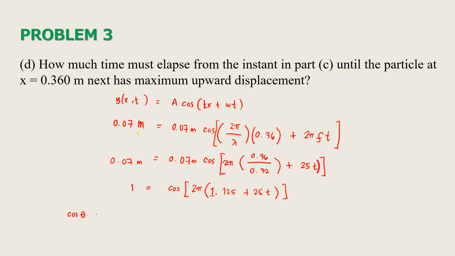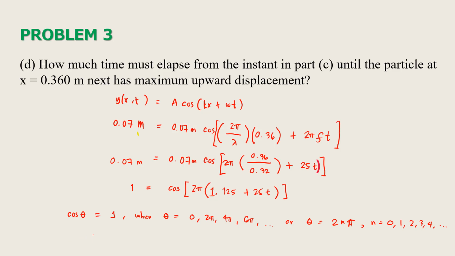Okay, so now cosine theta, we know that cosine theta is equal to 1 when the values of theta are 0, 2 pi, 4 pi, 6 pi, and so on. Or this is when theta is equal to 2n pi, where n is equal to 0, 1, 2, 3, 4, and so on. Therefore, we can equate our theta.